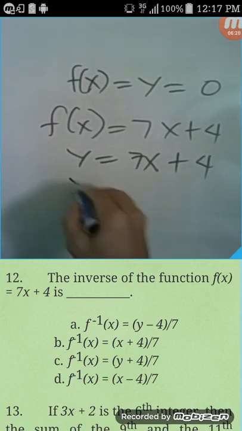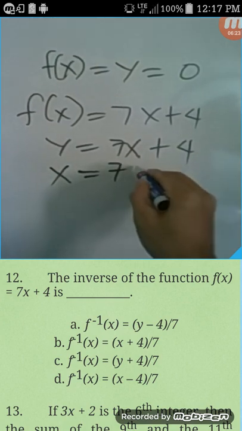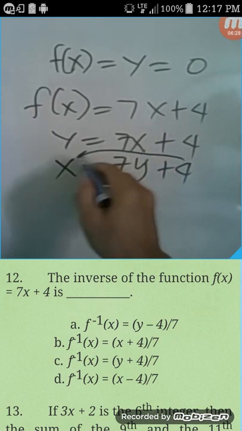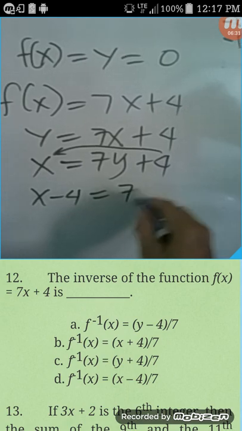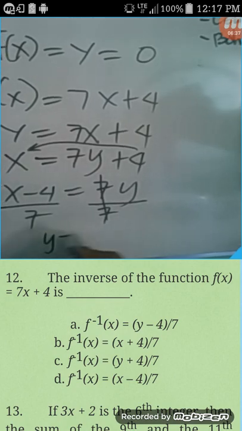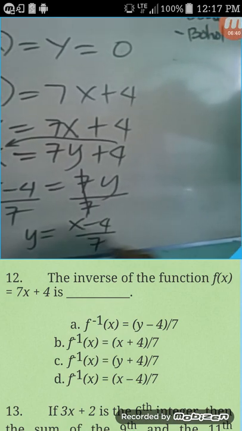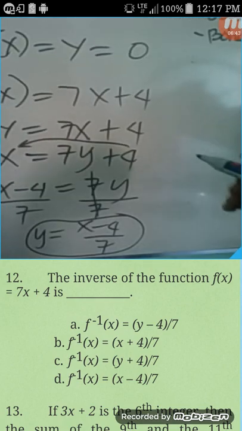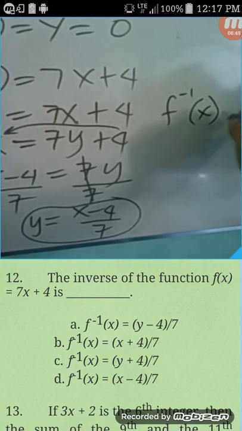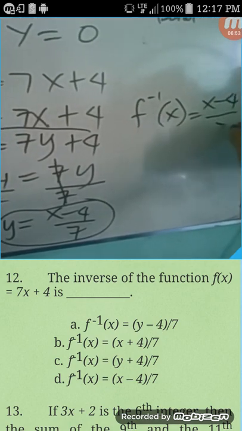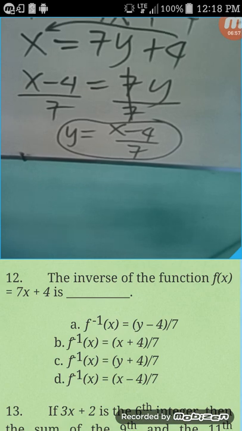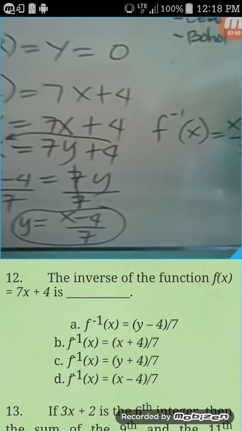So x is equal to 7y plus 4, and then we solve for y. Transpose the 4: x minus 4 is equal to 7y. Then dividing both sides by 7, y is equal to x minus 4 over 7. So this is our inverse, with the notation f negative 1 of x equal to x minus 4 over 7. The answer there is x minus 4 over 7, and that is letter D.